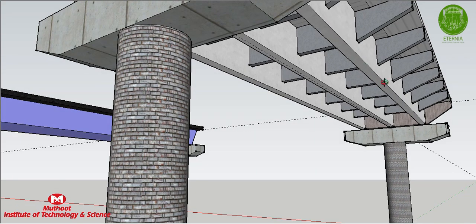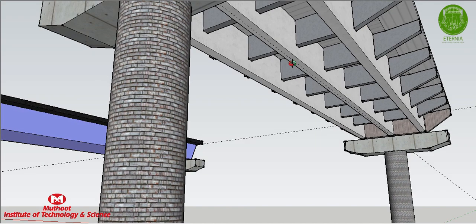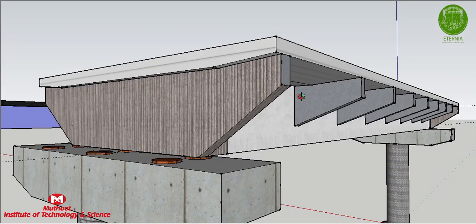They are flanged beams, and you can see beams in both orthogonal, or perpendicular, directions. One is the main girder, which we generally call the longitudinal girder, and the other one is the cross girder. Our deck slab is going to rest on top of these longitudinal and cross girders.